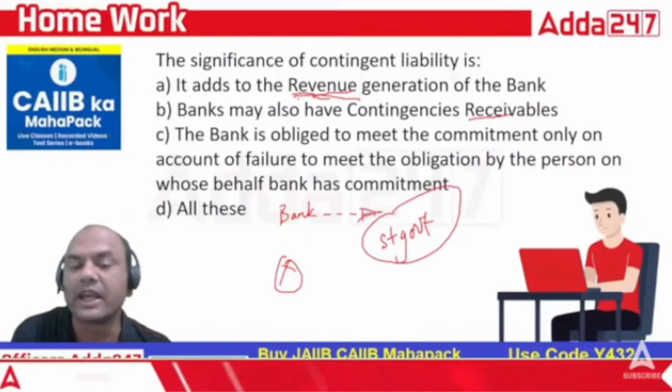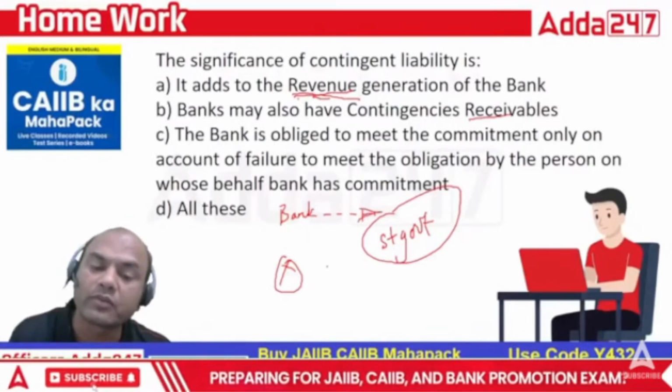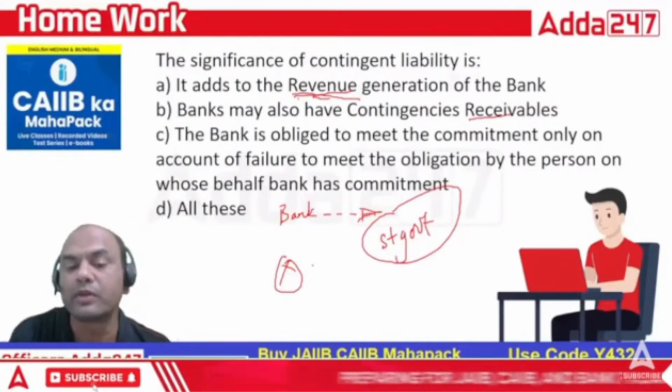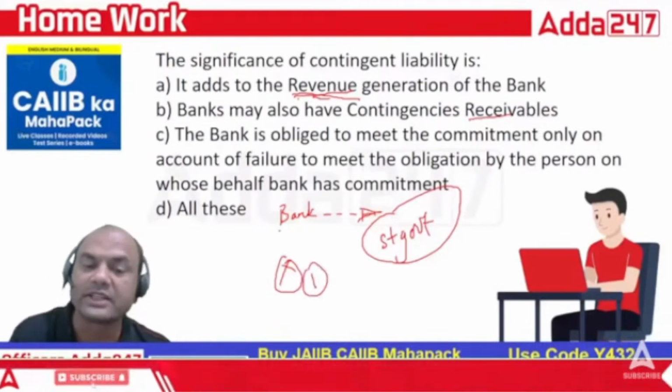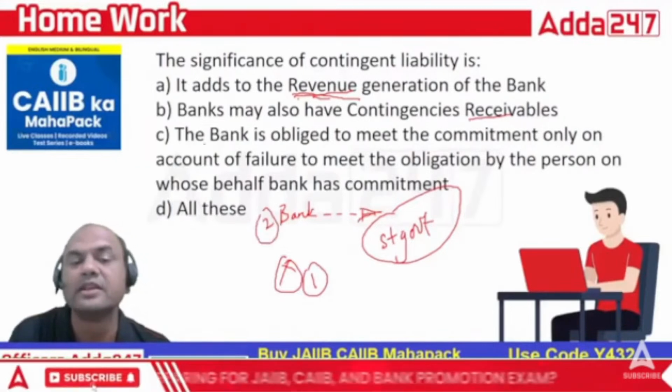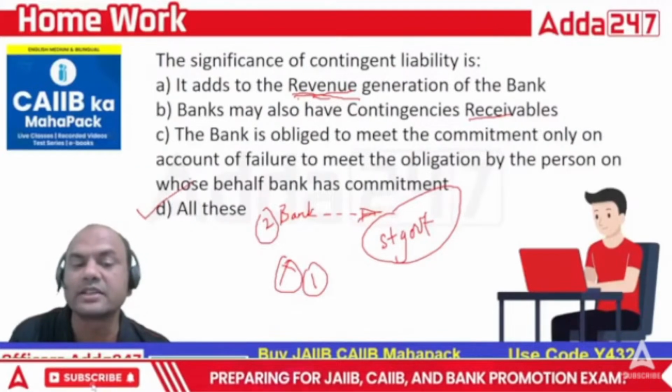This guarantee comes on the failure of this person to perform. So the first job is this person's and the second job is mine. That's why C is also correct. The correct answer is all of these.